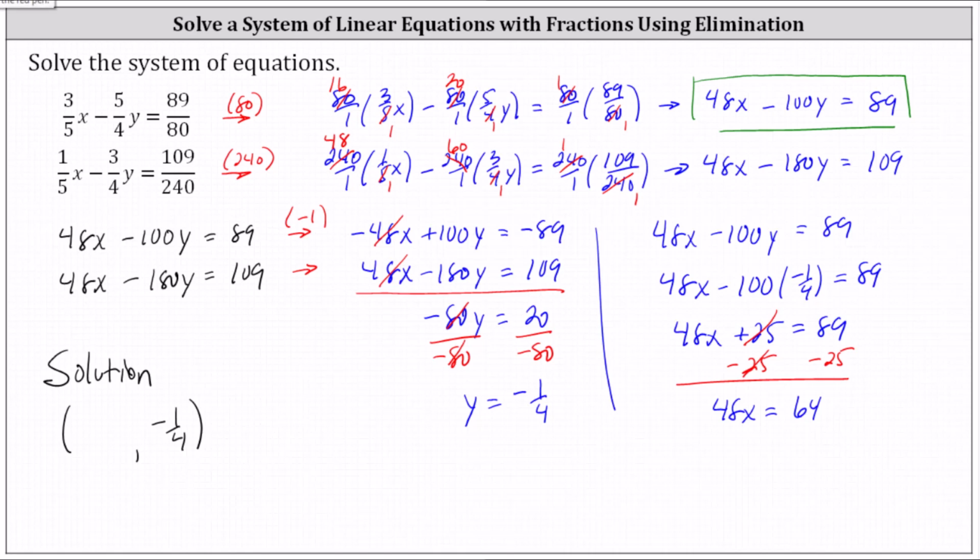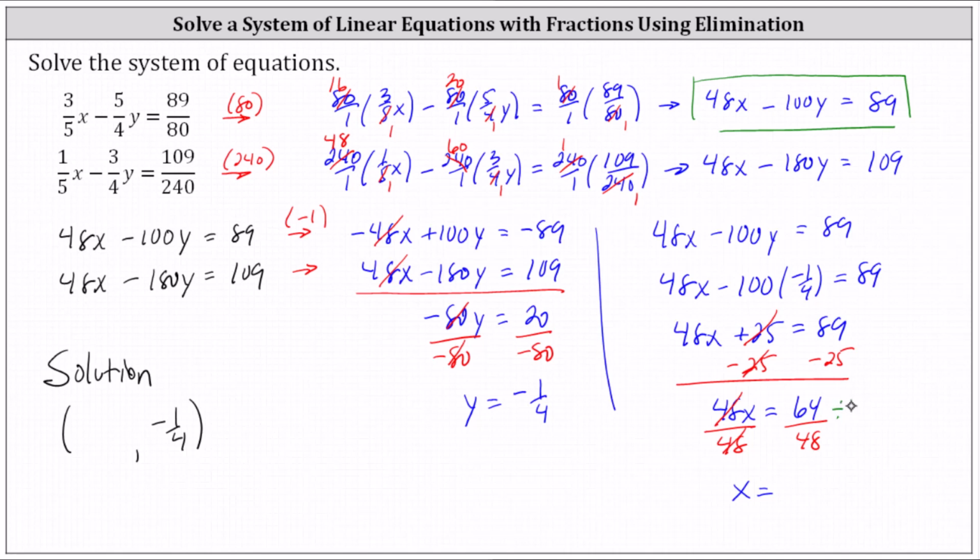For the last step, we divide both sides by 48. Simplifying, we have x equals 64 divided by 48, or 64/48. The greatest common factor between 64 and 48 is 16.